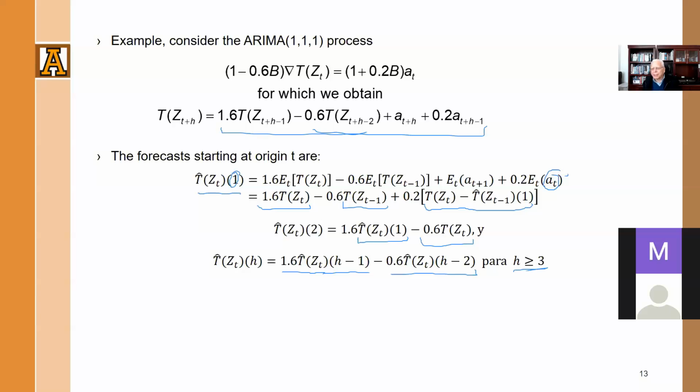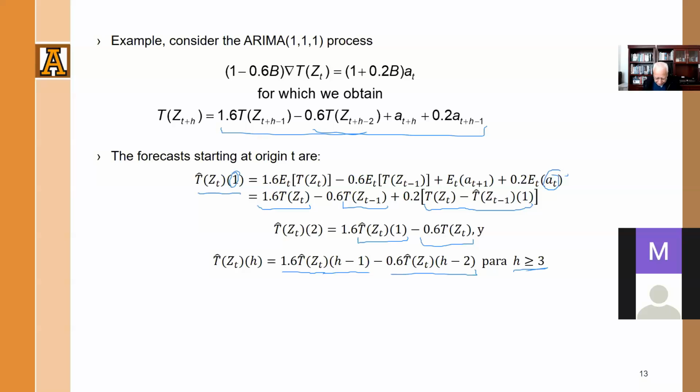So the conditional expectation is going to be the optimal forecast. And then I have 3 minus 2 is 1, so it'll be Z_{t+1}. The conditional expectation of Z_{t+1} is the optimal forecast at one period ahead, and since h is equal to 3, that'll be h minus 2. And the other terms are going to be 0 because they are already in the future.